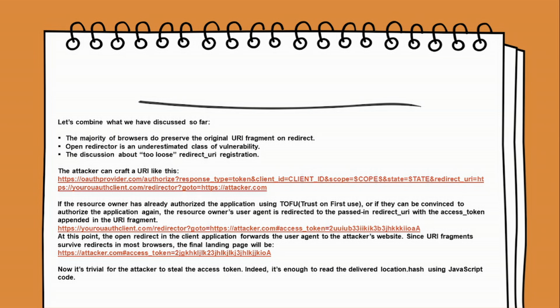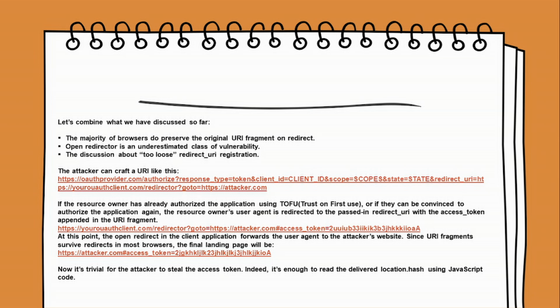If a resource owner, the user, has already authorized the application using TOFU, trust on first use, or if they can be convinced to authorize the application again, the resource owner's user agent is redirected to the passed-in redirect URI with the access token appended in the URI fragment.